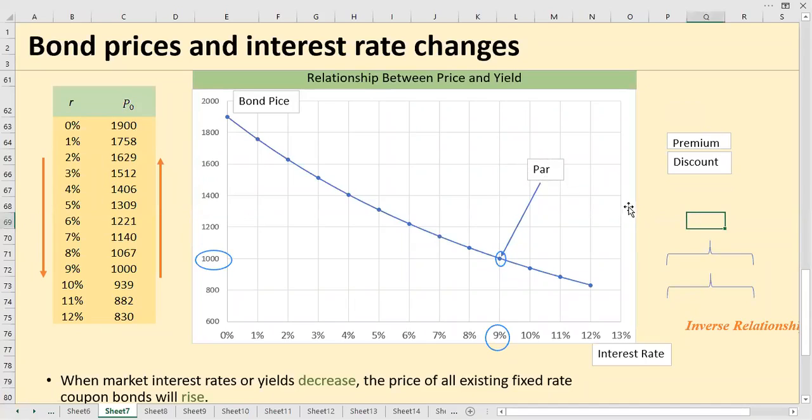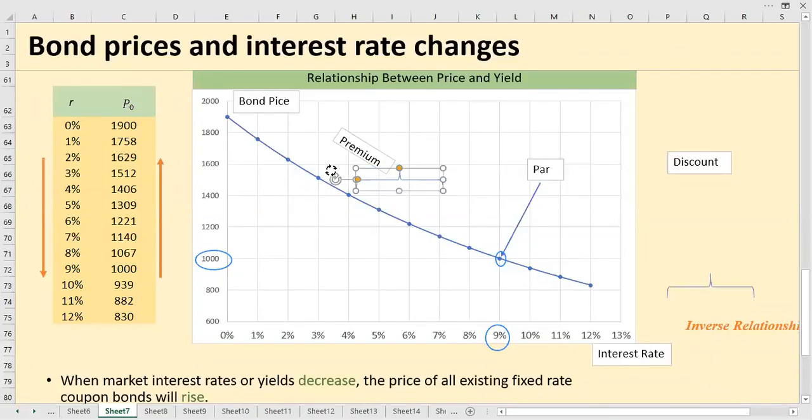Okay, and then anything beyond par value, if the bond is trading beyond the face value of that bond, we call it premium. So let me put it like this. So something like this.